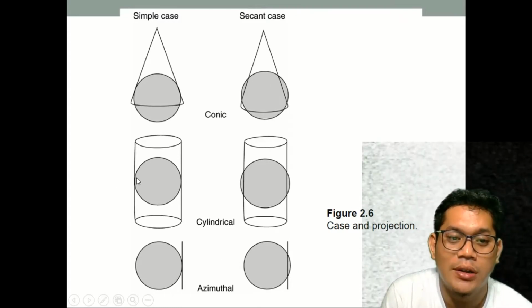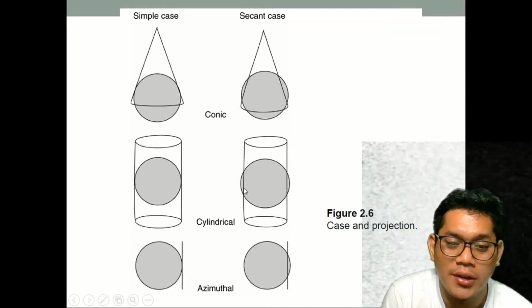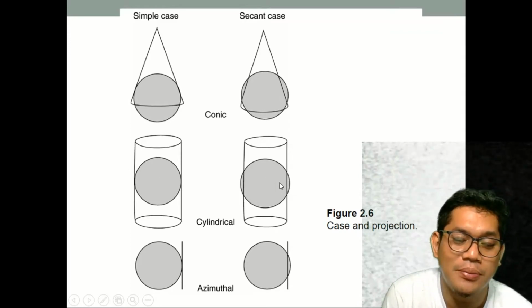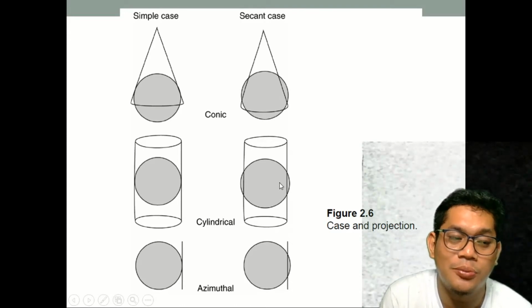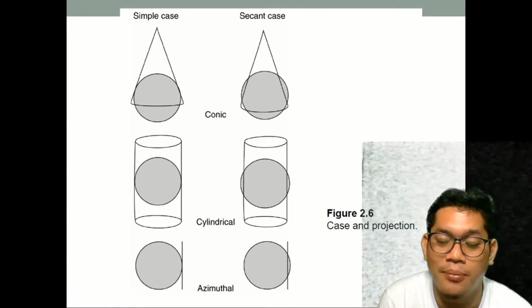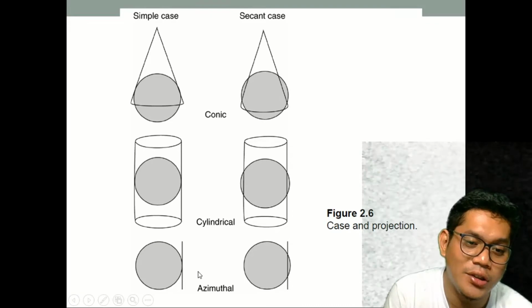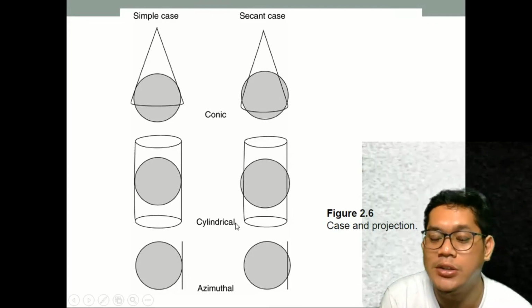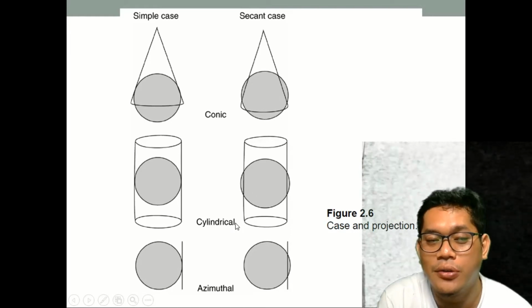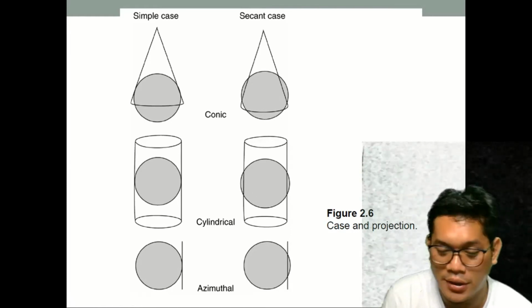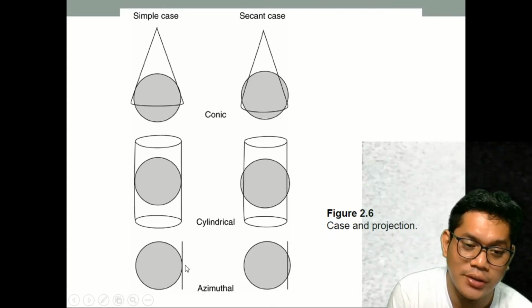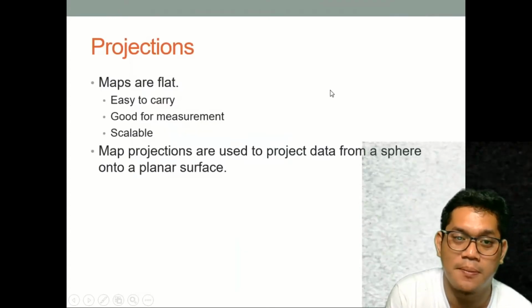However, for areas within the equator, the cylindrical is best to project the areas onto a plane surface. For areas that are quite small, azimuthal is used in order to project the actual surface into a planar surface.